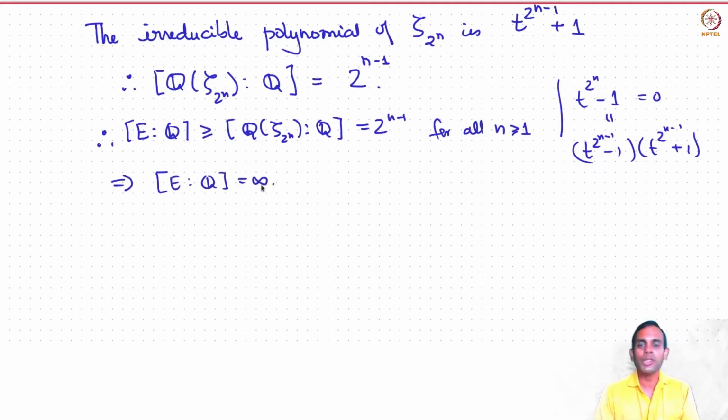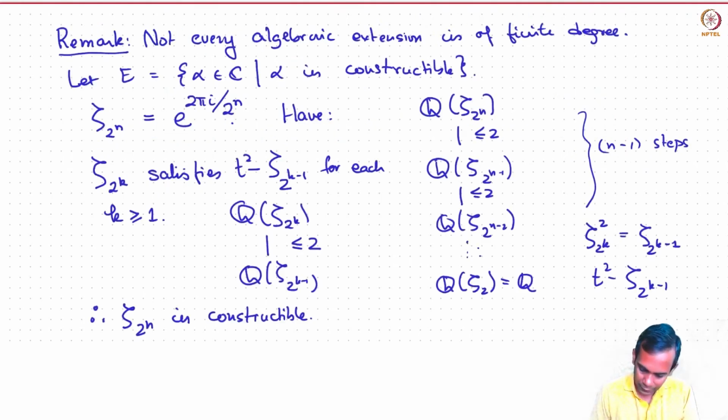And another upshot of this exact computation of the degree of ζ_{2^n}, the primitive 2^n-th root of unity, is that we can go back here and replace each of these less than or equal to signs by equality. So these extensions are each of degree exactly 2, because that is how you would get the total extension to have degree 2^{n-1}.